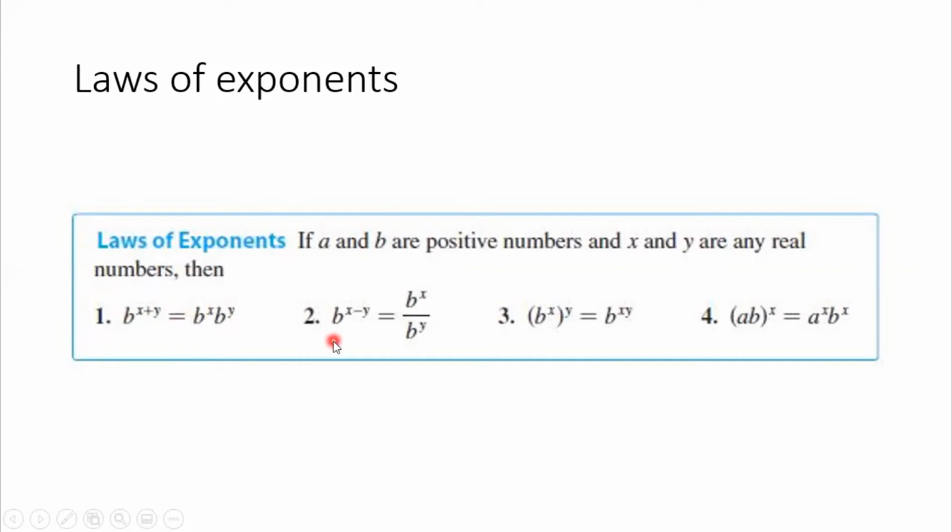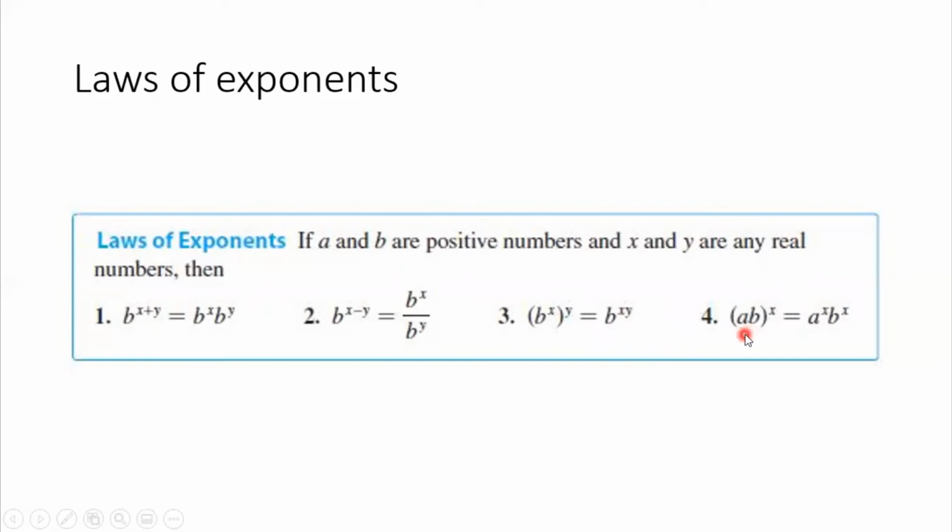Number 2, b raised to x minus y. If it is subtraction, this is equal to b^x over b^y. Number 3, if we have the quantity b^x raised to y, this is equal to b raised to x times y.